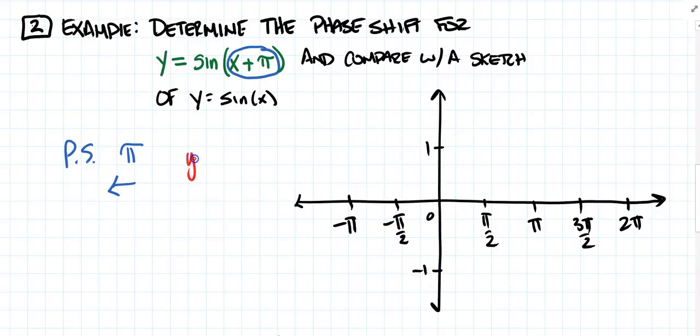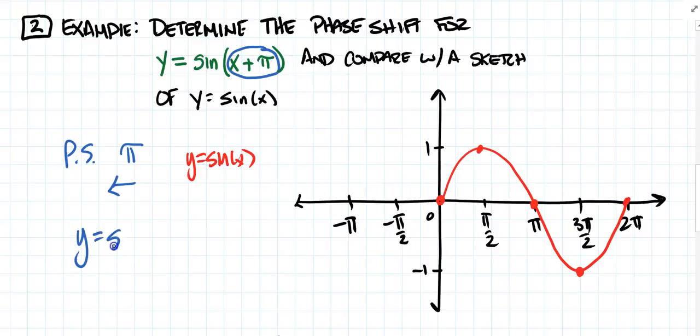Obviously I go up to 1, I go down to negative 1. For my red graph, I will graph the sine of x, the basic one. So (0, 0), (pi over 2, 1), (pi, 0), (3 pi over 2, negative 1), and 2 pi. There's a nice, quick, easy sketch for y equals sine x. And then my blue graph, I will graph y equals the sine of x plus pi. That means that each dot gets moved pi radians to the left.